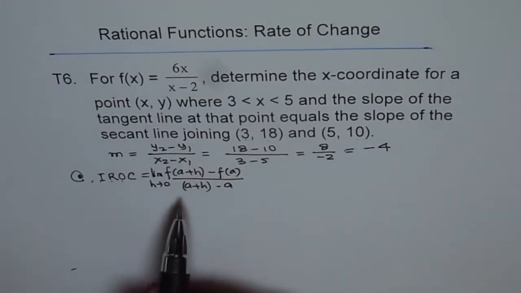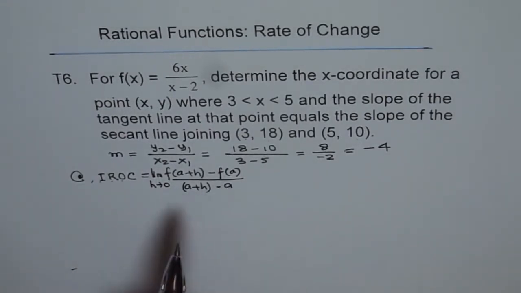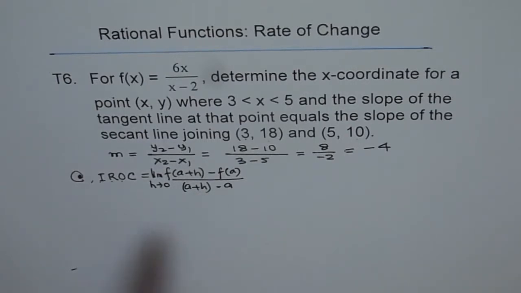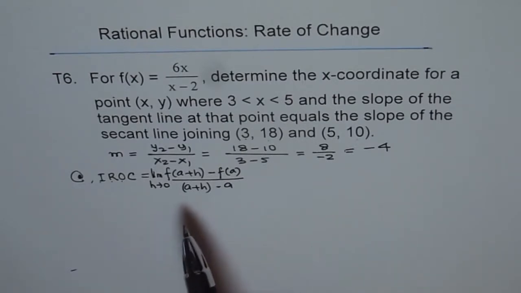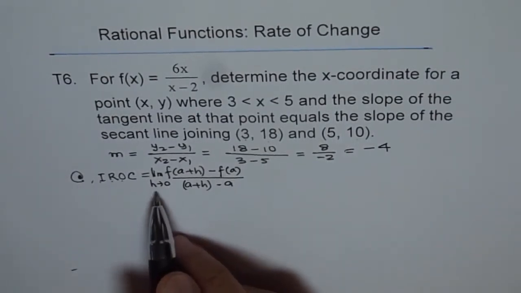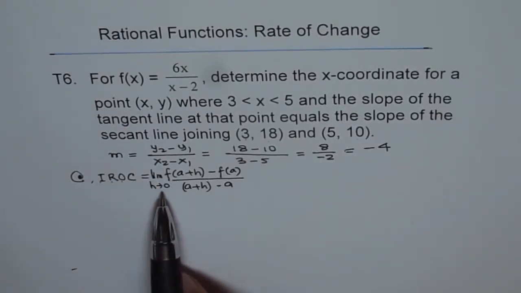And for those of you who have not done this part, let me write here that h is very, very small as compared to 1. For example, you can put the value of h as 0.001. So 0.001 is very small when we are comparing numbers like 1, 2, 3, 4, right? It is a 1,000th of it. That is how we are going to look at it. But in my solution, I'll use the term limit h approaches 0.